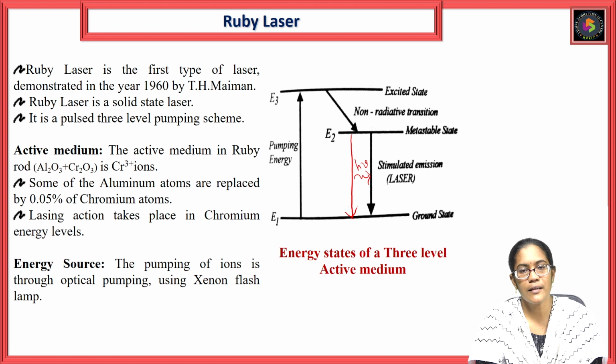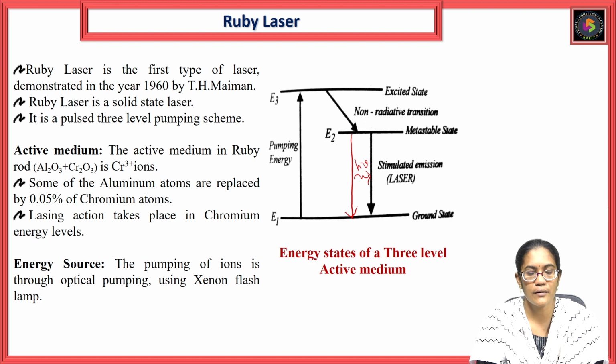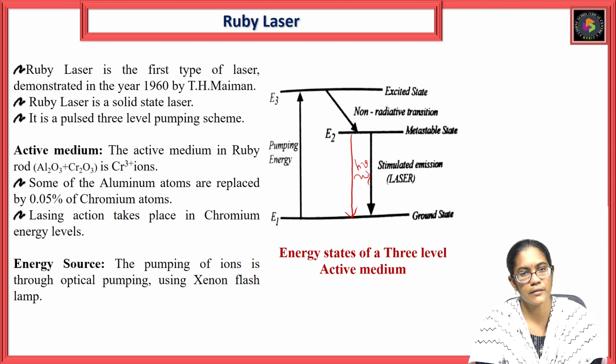For the helium-neon laser, the pumping source is electric discharge pumping. And for the semiconductor laser, we use direct bandgap semiconductors, so the pumping source is direct pumping.